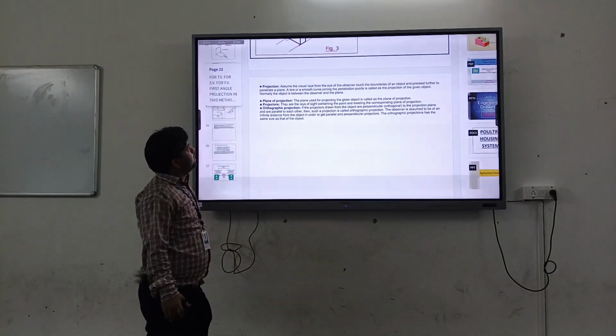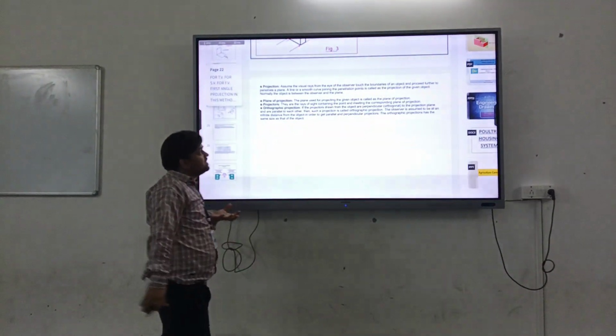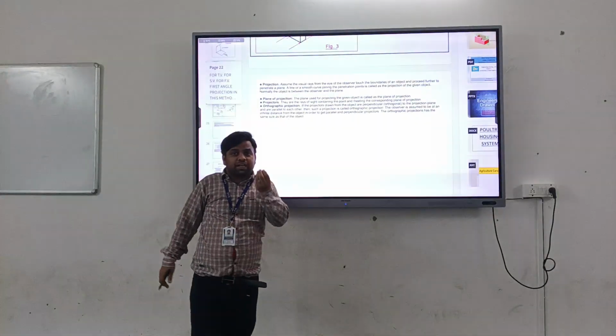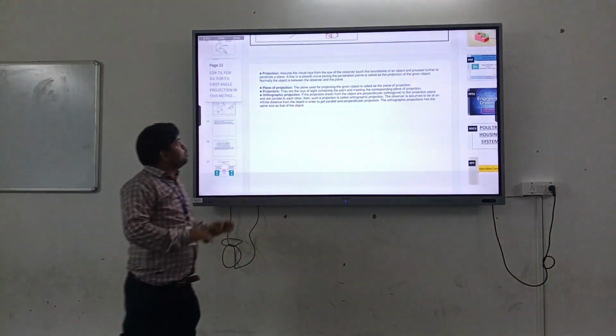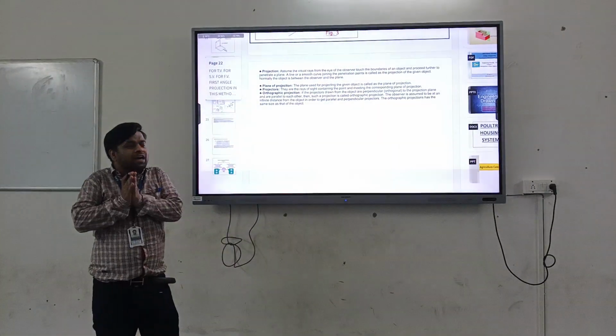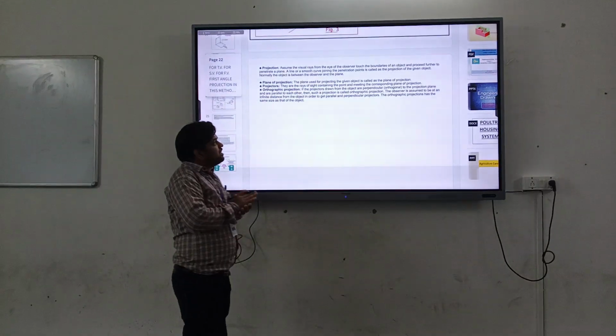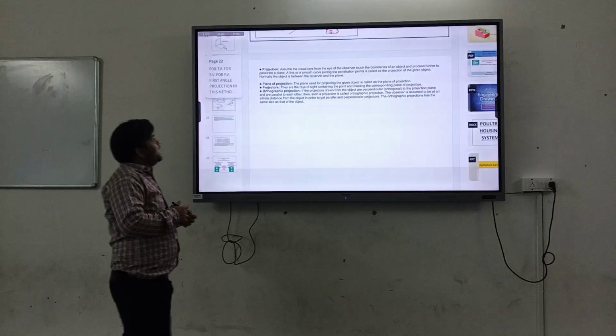Now, projection is what we assume: the visual rays from the eyes of the observer touch the boundaries of the object and proceed further to penetrate a plane. A smooth line curve joining the penetrations is called the projection of the given object.